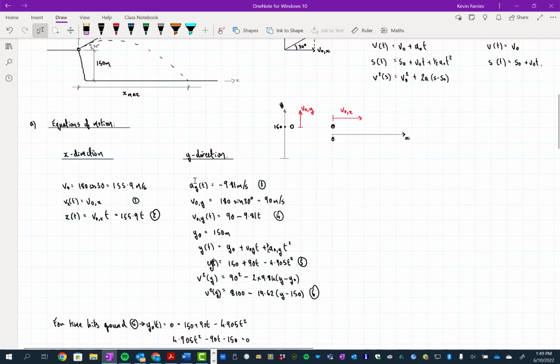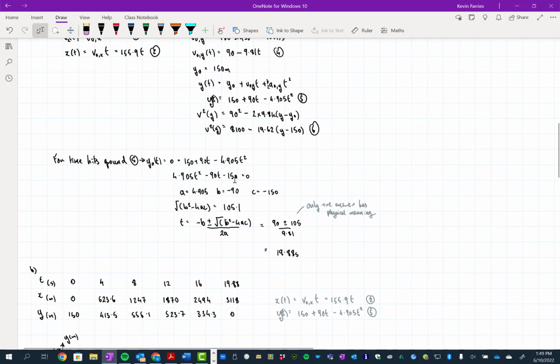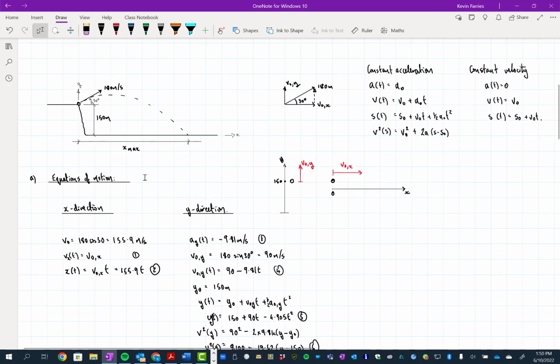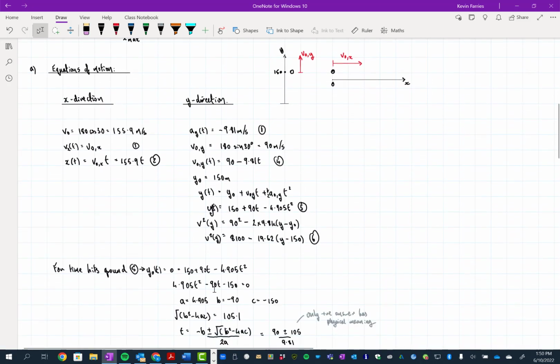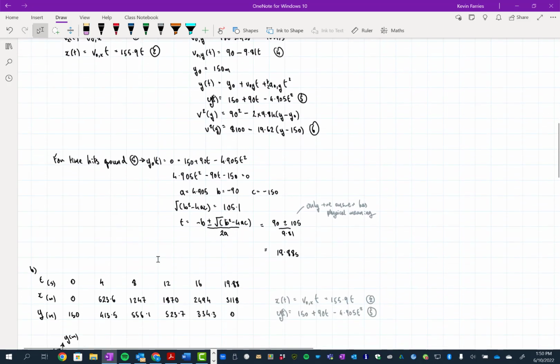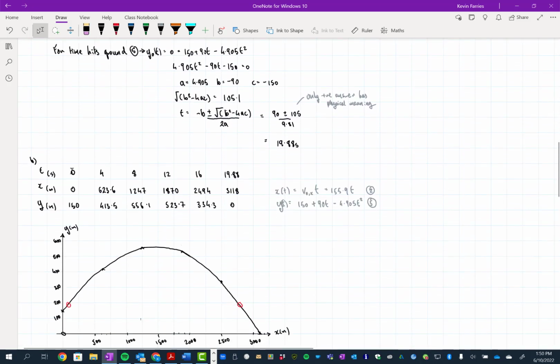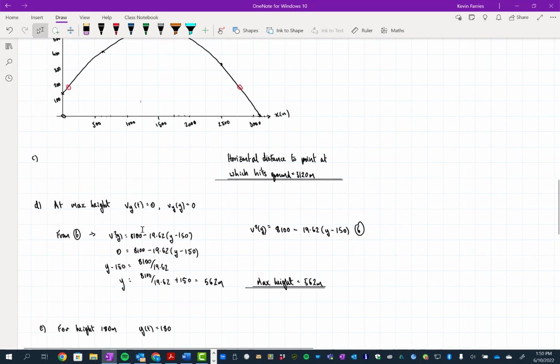And so you just think of those two things separately. You can get all your different equations of motion for each of those directions. And then depending on what the question's asking for, you just pick the right equation and get your answer. So really what we've got is two different equations. One is going to give us the x component, one is going to give us the y component. If you plot them both together, you get the actual motion of this projectile.